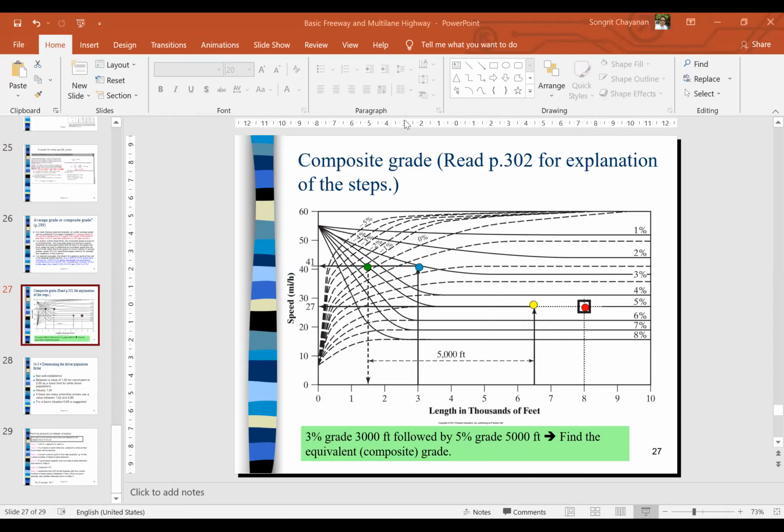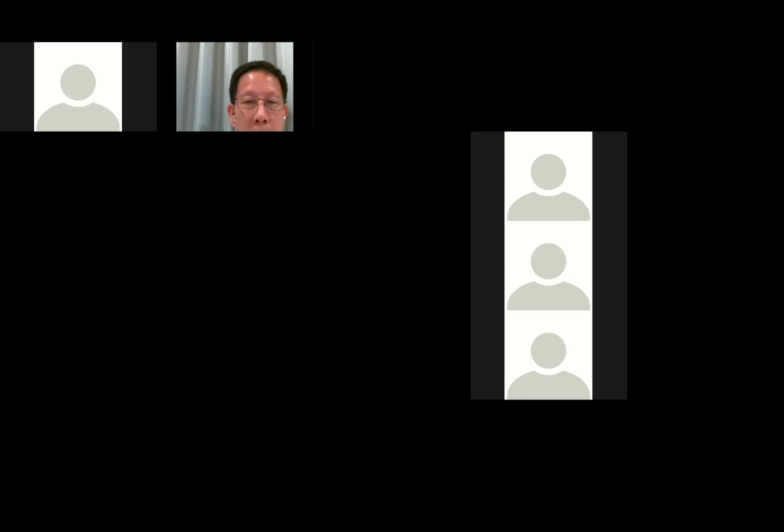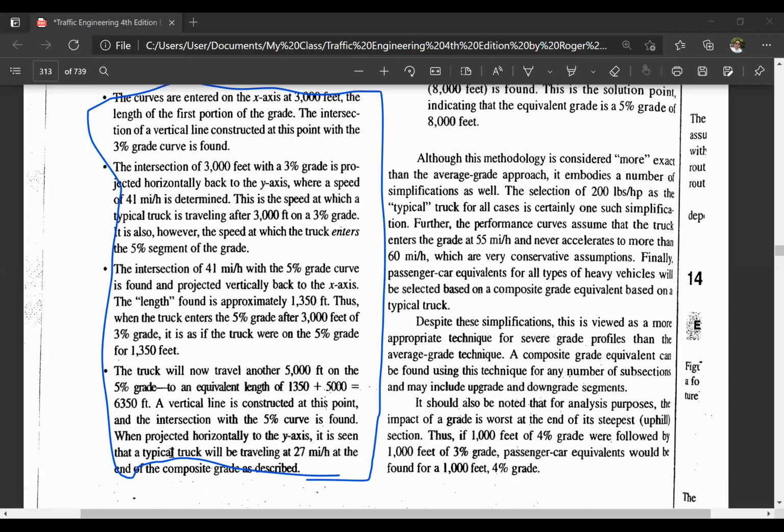Go back a little bit. Sorry that we have to go back and forth. A typical truck will travel at 27 miles per hour at the end of the composite grade as described.